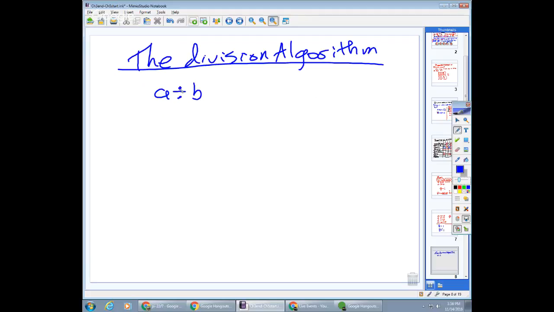Yeah, so what the definition is, there is a number Q and another number R such that B times Q plus R equals A. And there's some conditions on this.